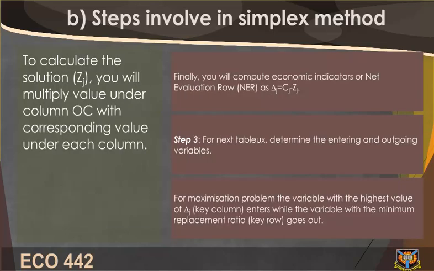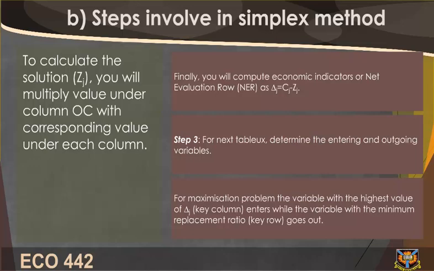To calculate the solution Zj, you will multiply values under column OC with the corresponding values under each column. Finally, you will compute the economic indicators, or net evaluation row NER, as triangle j equals Cj minus Zj.